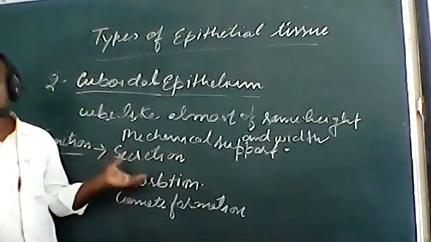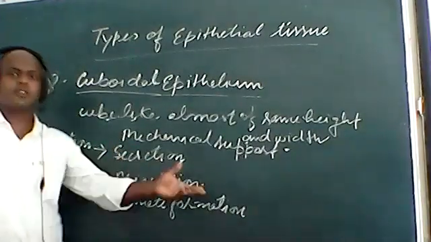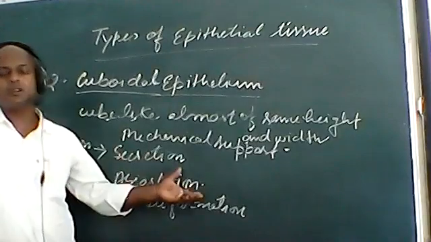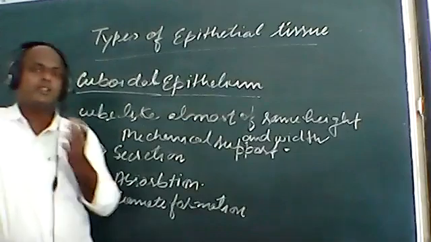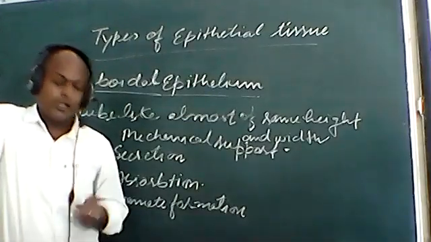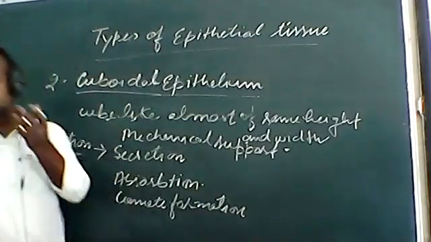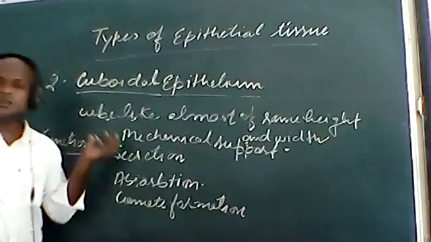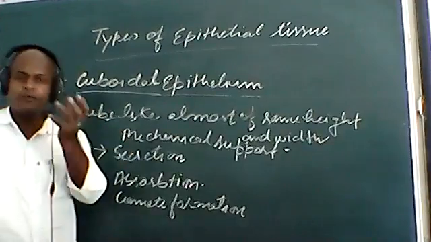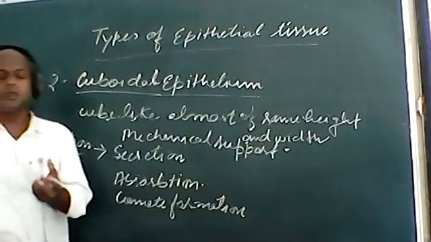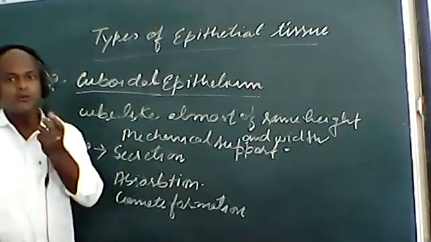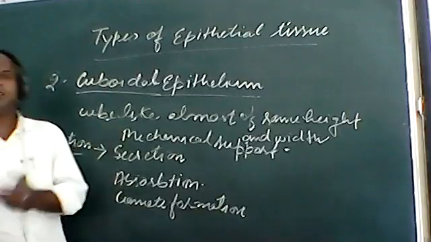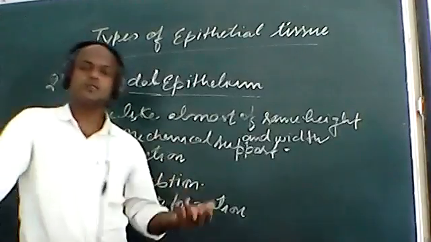After that, absorption and excretion, it is helpful in both conditions. How is it possible? It is present in uriniferous tubules, and in uriniferous tubules, this cuboidal epithelium tissue is helpful to absorb the waste from the blood and help in the excretion also.